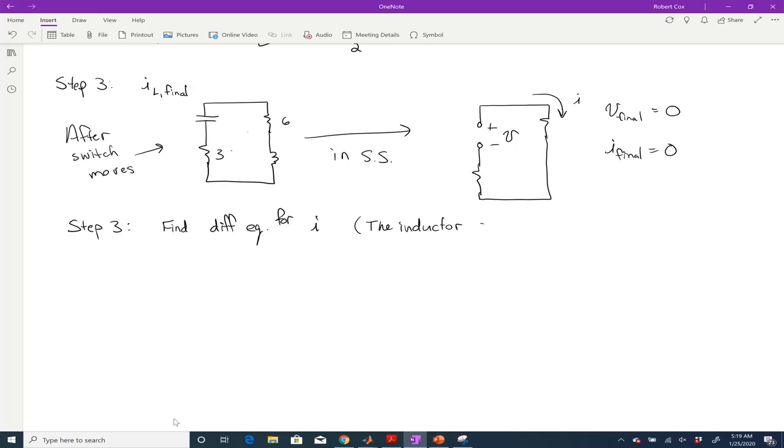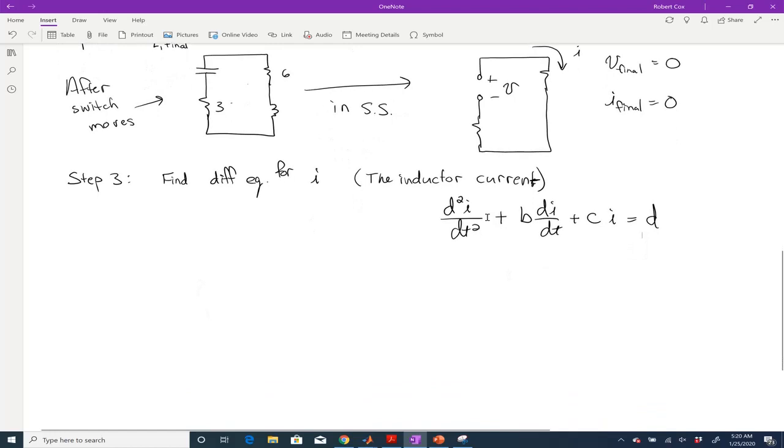What that means is I want to get an equation that looks like this: d squared I dt squared plus some constant times dI/dt plus some constant times I equals some other constant. That other constant might be 0, might not be. That's the form we want, a differential equation that only has I in it.